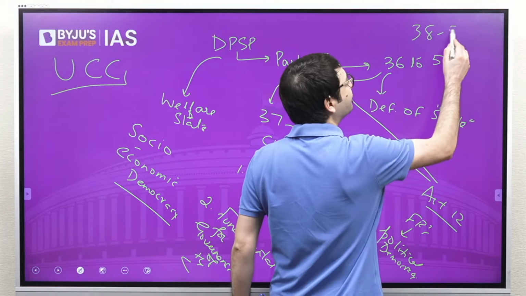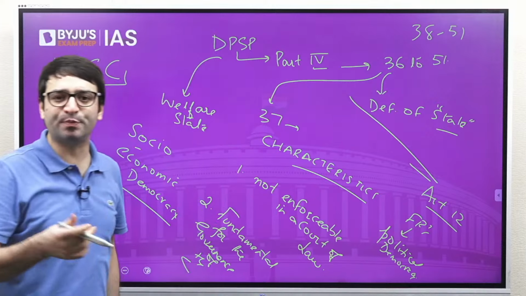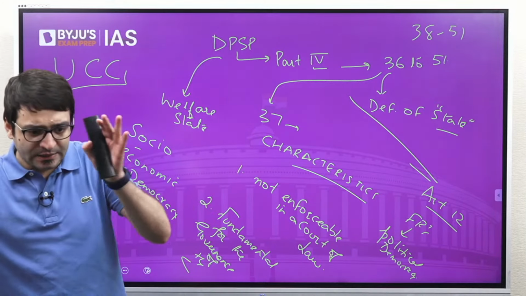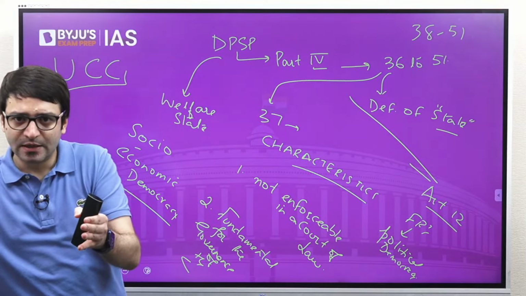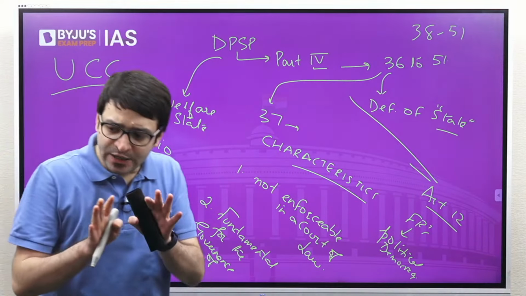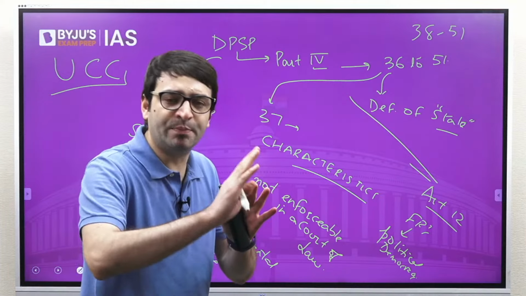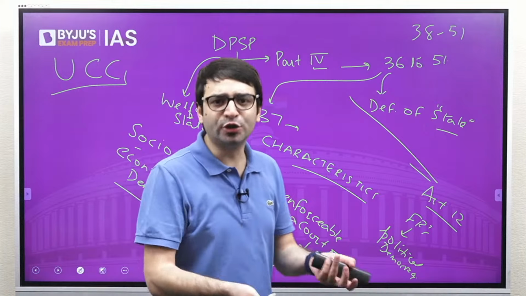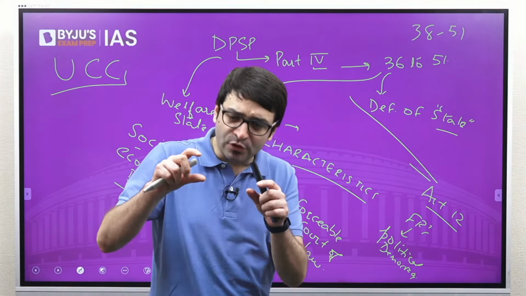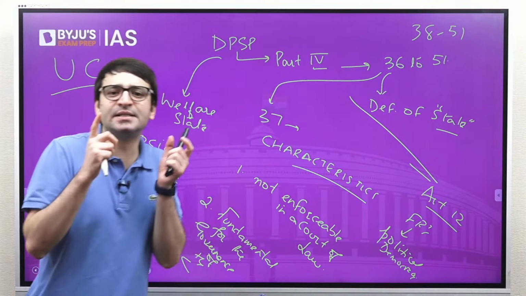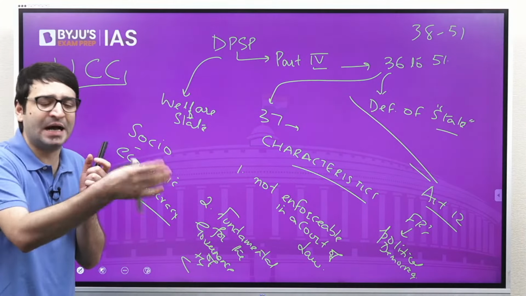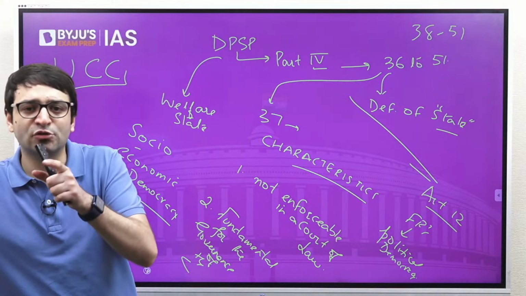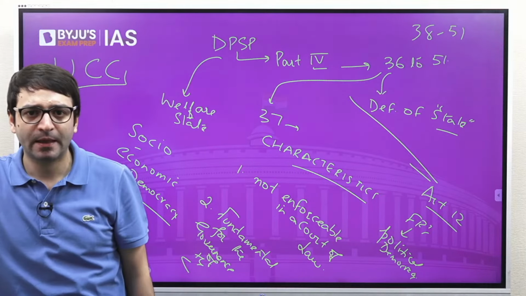Article 38 to 51 talks about various directive principles of state policy. But nowhere does the Constitution categorize these directive principles into Gandhian, socialist or liberal intellectual principles. For our convenience, constitutional experts have categorized these DPSPs into various principles, Gandhian, liberal, intellectual and socialist. But this categorization is not done by the Constitution.